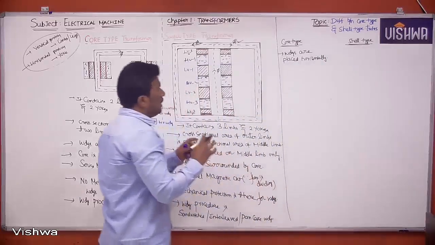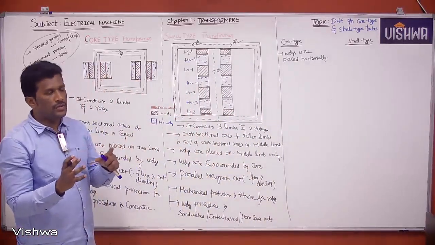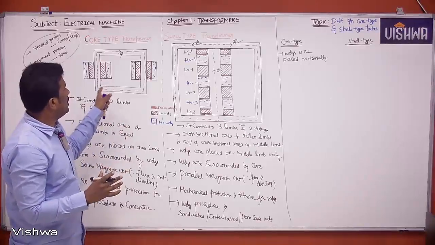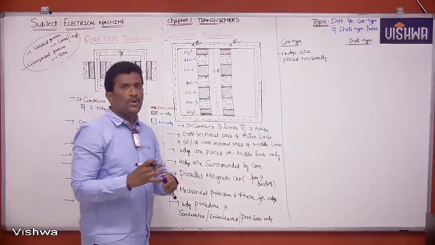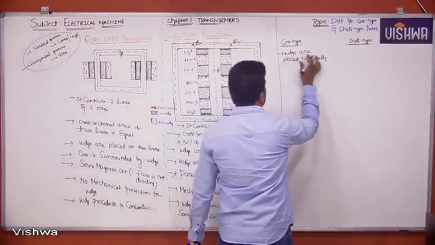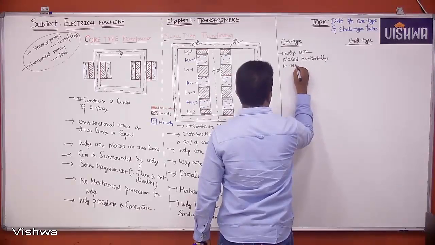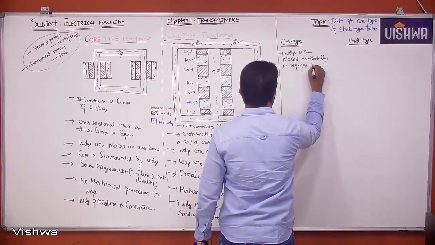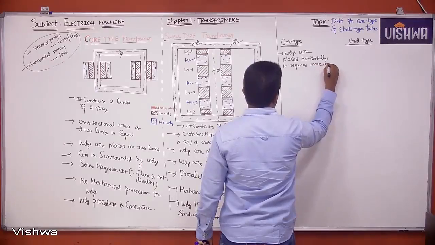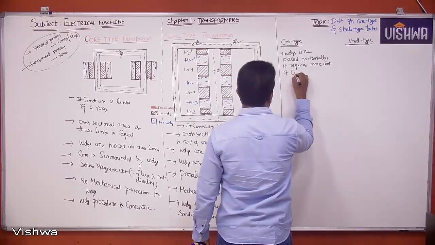If you see from the manufacturing point of view, since we are placing windings horizontally, it requires more amount of copper.